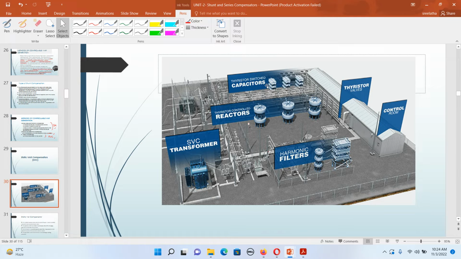Here we have reactors, and we have thyristor switched capacitors, TSC, TSC, TCR. So this is how a typical substation looks at the high voltage level. And also remember, they do this at very high voltage levels.